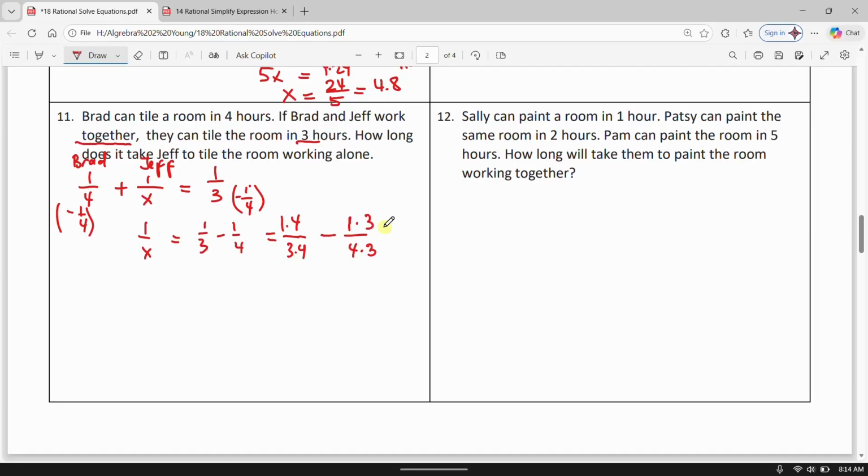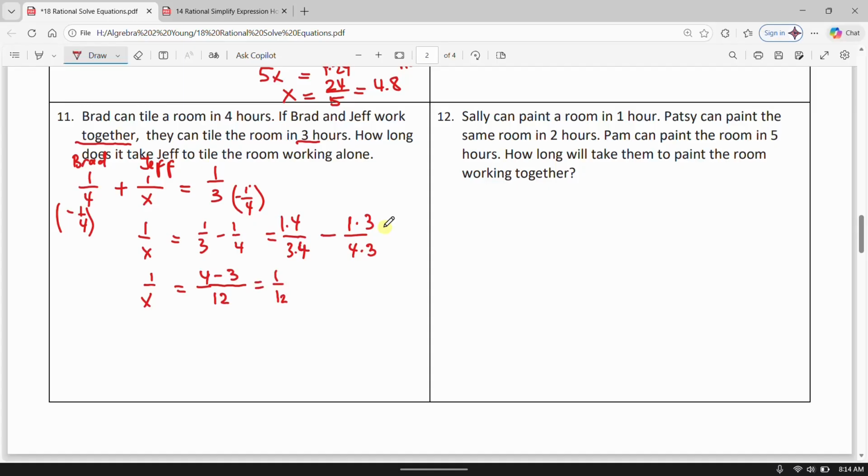I might have done it too fast, but right now you should know how to add, subtract and multiply fractions. We learned this a long time ago. So it's equal to 1/x here still. The common denominator is 12. We're going to have 4 minus 3, which is 1/12.